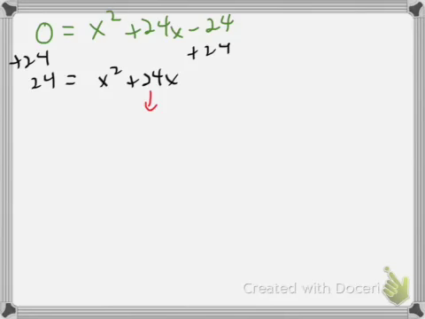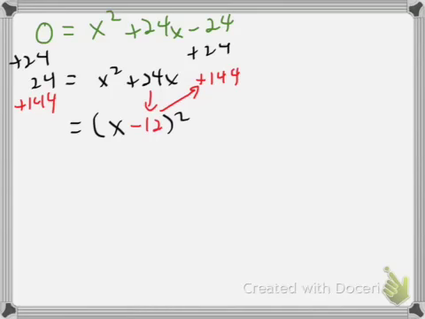Half of this is 12, then I'm going to square it, and that's positive 144. So I'm going to have to add 144 to this side as well to keep it balanced. And when I do that, I get 168.